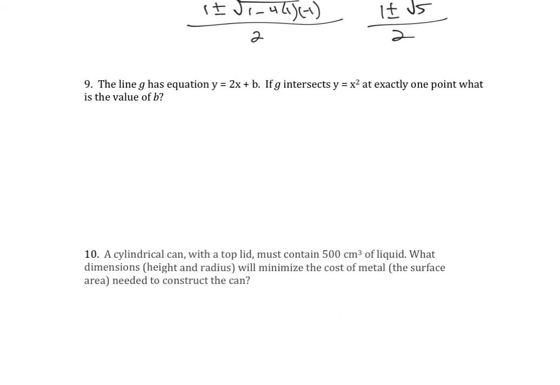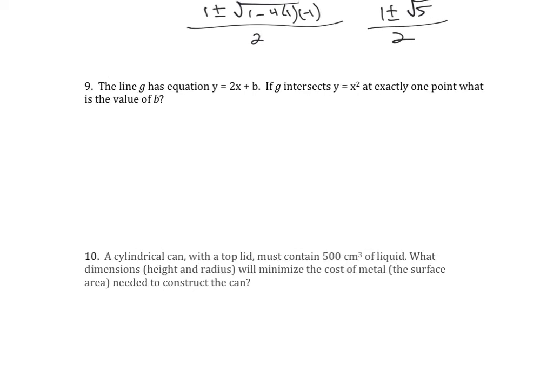The line G has equation y equals 2x plus b, and y equals x squared. G and the parabola intersect at exactly one point. What's the value of b? Okay, the intersection again: x squared minus 2x plus b, and we want this to have just one solution, which means that the discriminant has to be equal to 0, which means b squared minus 4ac has to be equal to 0.